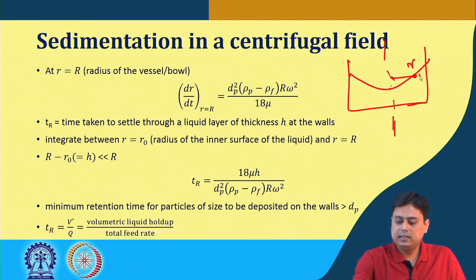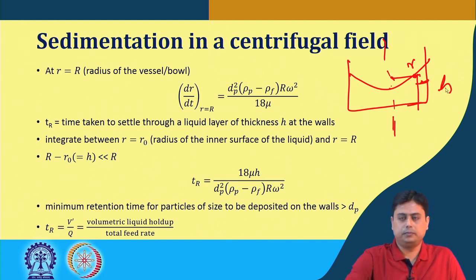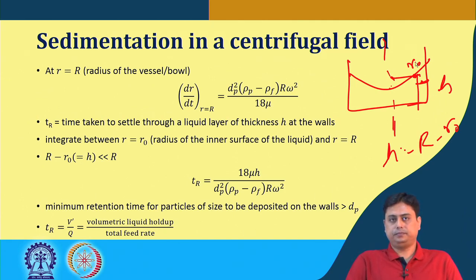So basically this distance is the liquid thickness that it has to travel to reach the wall. Say this distance is small h. Small h means R minus r0, the radius of the inner surface of the liquid.